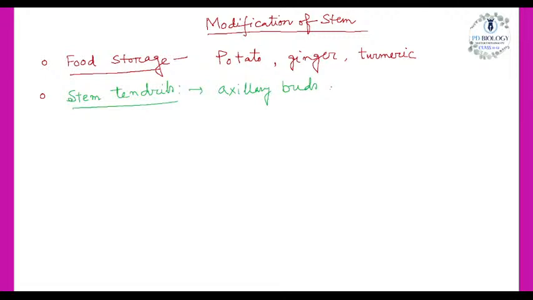They help the plant to climb. These are the stem tendrils. That is the cucumber, the pumpkin, the watermelon, the grapevines. They all have stem tendrils.